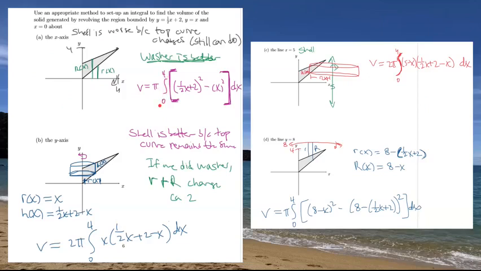And then for discs and washers, you do the big radius minus the small radius, both squared, and you have pi on the outside, only pi.